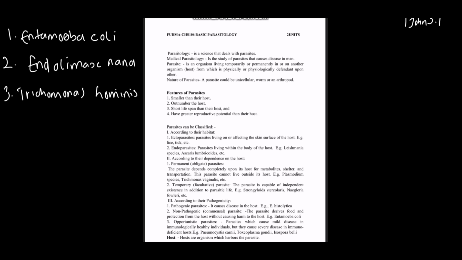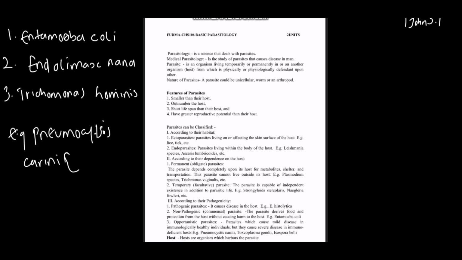They are often mild in healthy people and severe in people with weak immunity. For example, let's take Pneumocystis carinii, which is also known as Pneumocystis jirovecii.